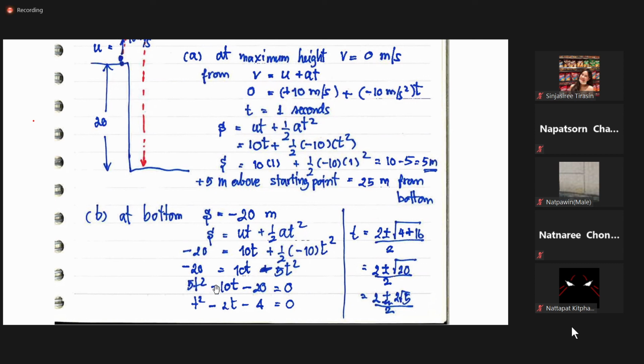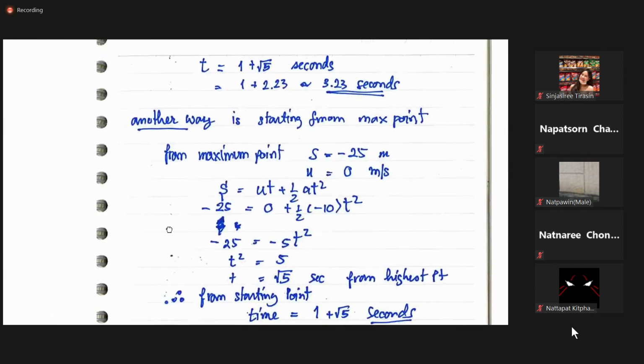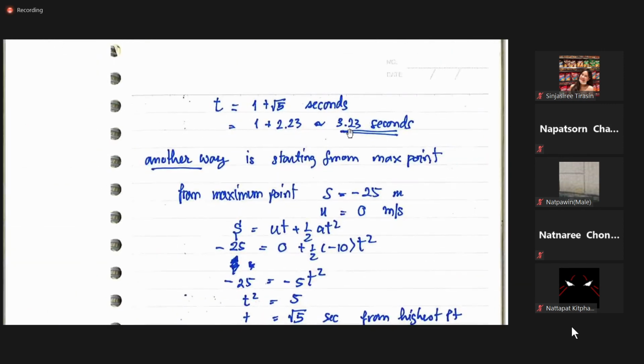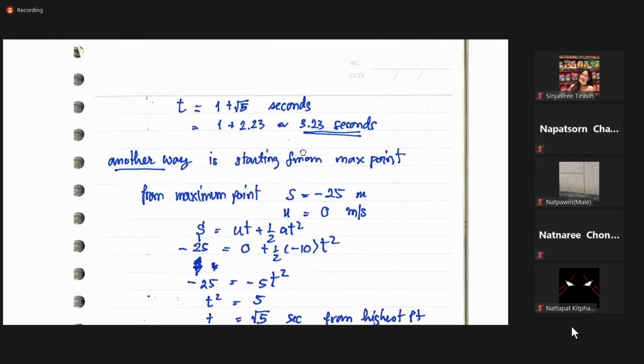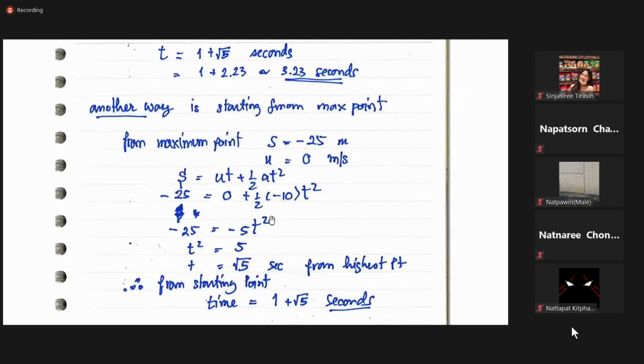You get the expression 5t squared minus 10t minus 20 equals 0, or t squared minus 2t minus 4 equals 0. Using the quadratic formula, you get the time of 1 plus square root 5 seconds, or 3.23 seconds. Okay.